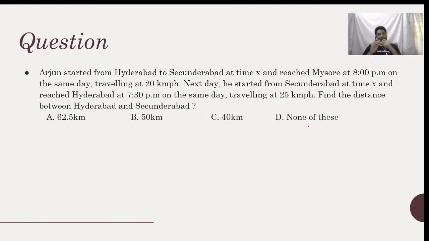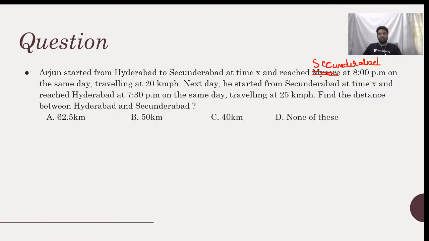The first question comes over. Arjun started from Hyderabad to Sikandrabad at time X and reached Sikandrabad at 8 p.m. on the same day, traveling at 20 kilometers per hour.